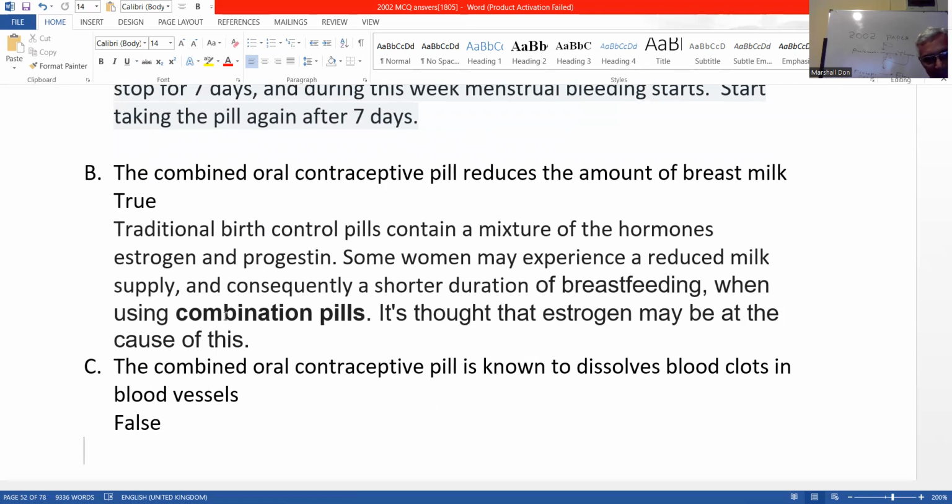The combined oral contraceptive pill is known to dissolve blood clots in blood vessels. That is false, because it forms clots. One side effect of the oral contraceptive pill is formation of blood clots in blood vessels.